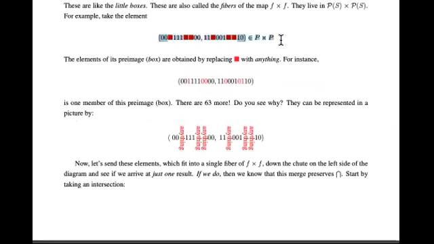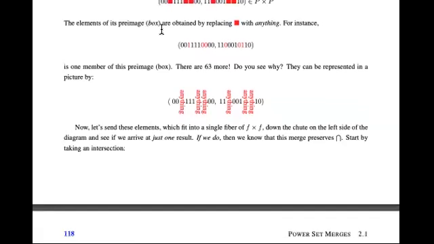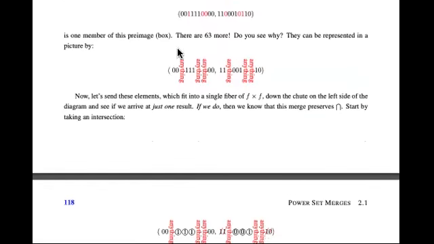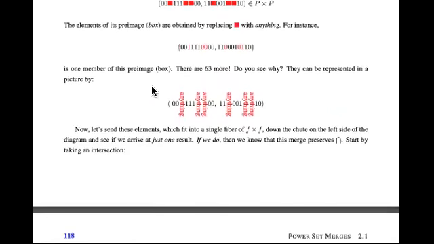Here's an example. I've taken something in P cross P. So this is an element of the codomain, right? Because it has some red blocks. This is another element of the codomain. Let's take the pre-image of that. What is it? Elements in this pre-image are obtained by replacing this with anything. So this is one member of the box. In fact, let's represent the whole pre-image of this pair of codomain elements as this.